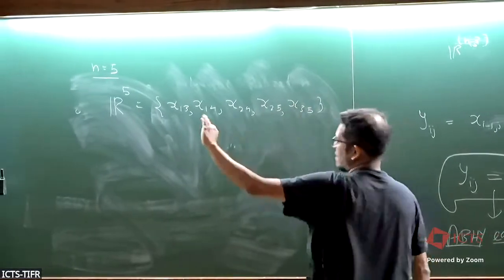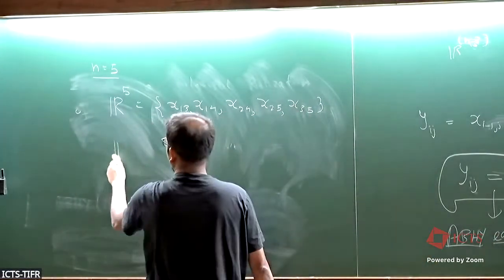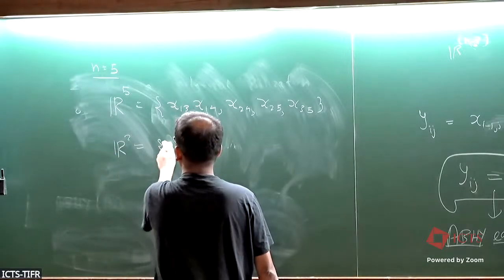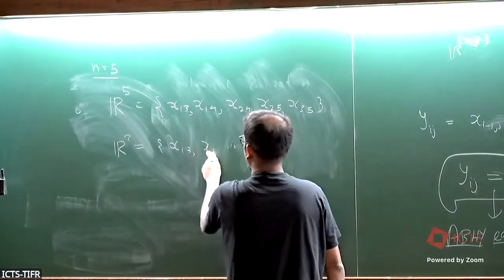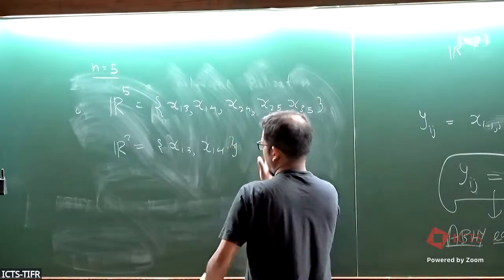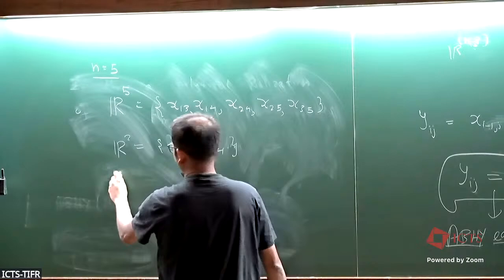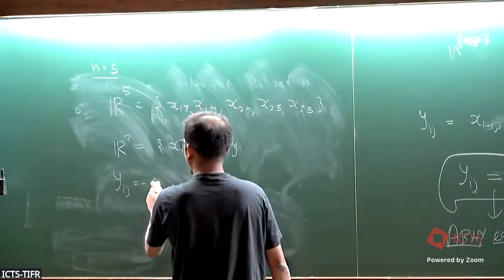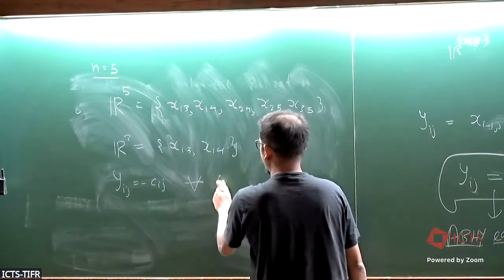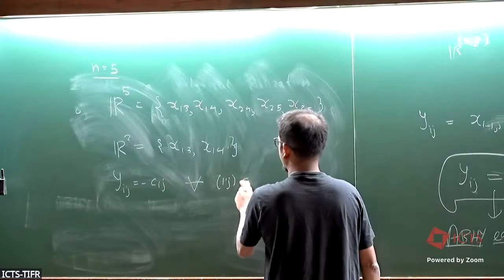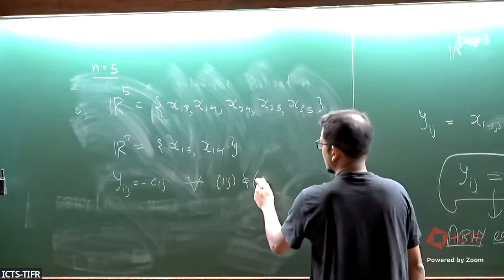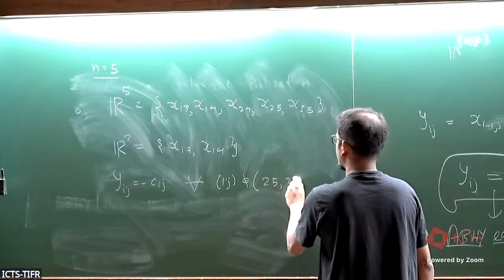And if I use that fixed quiver, then my linearity space is spanned by x13, x14. And so I want to write this equation Yij equal to minus Cij for all ij which are not in this set 2,5 and 3,5.